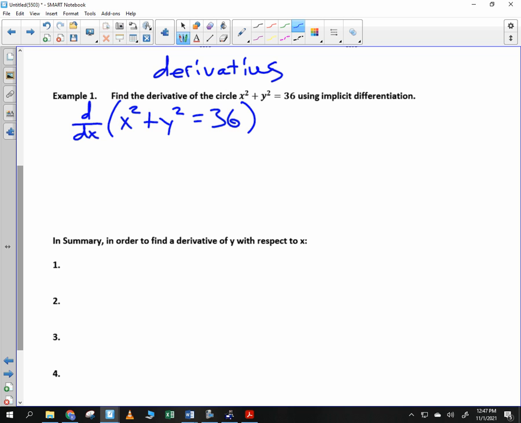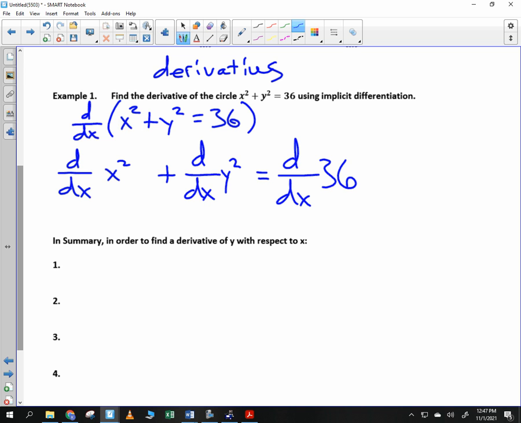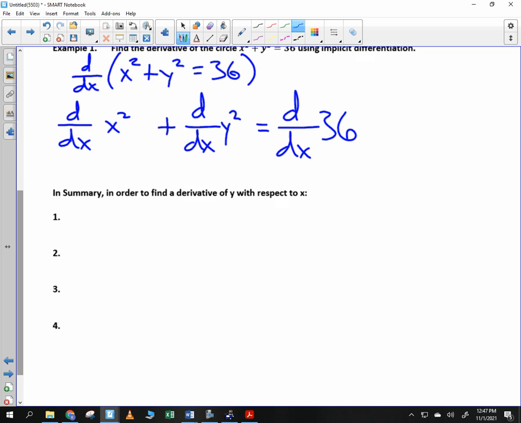So what we will do is we will take the derivative with respect to x of x squared, plus the derivative with respect to x of y squared, that's equal to the derivative with respect to x of 36. So, looks complicated. We're going to make it super easy.